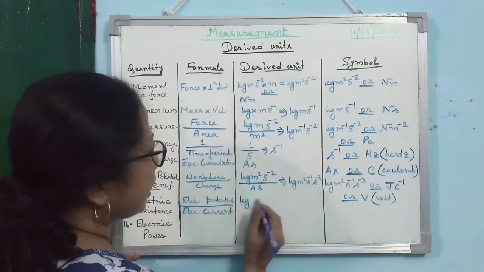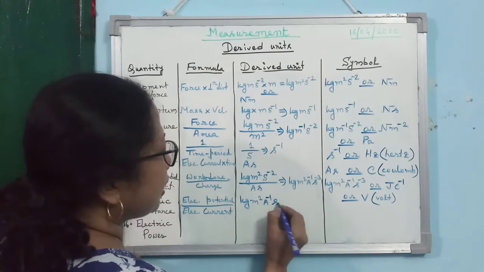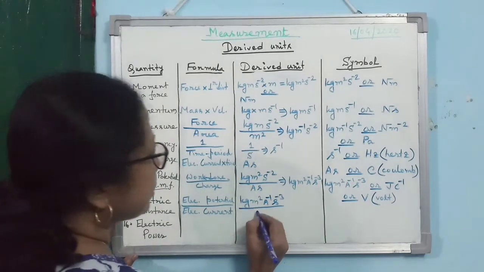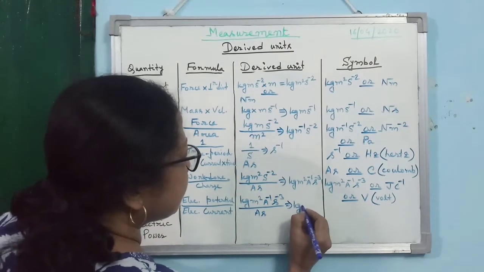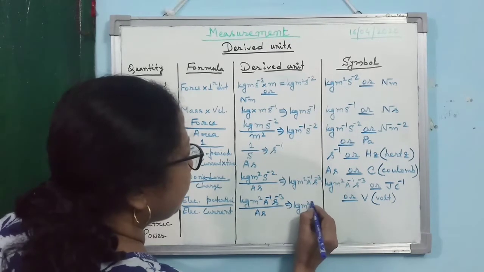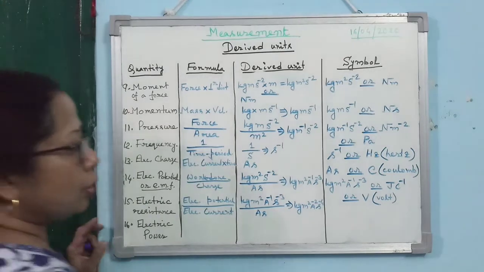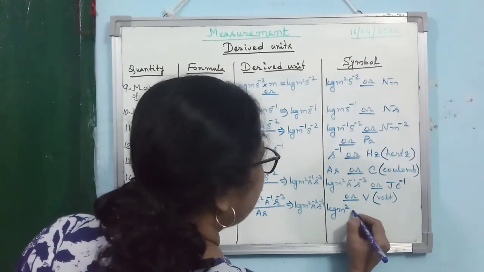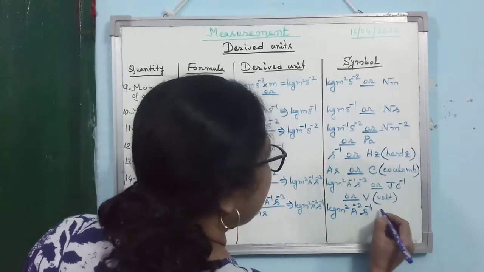Unit for potential is kg meter square A to the power minus 1 s to the power minus 3, and then what is electric current? It is A. So what are you getting? You are getting kg m square A to the power minus 2 s to the power minus 4.